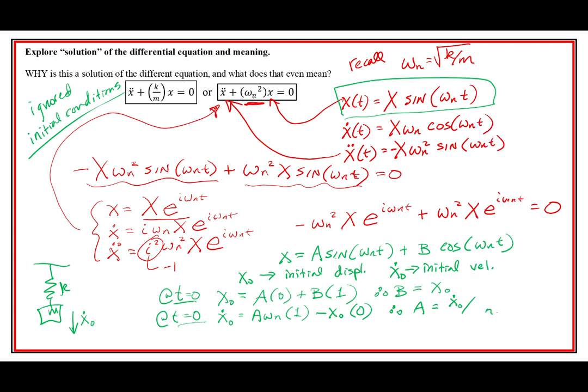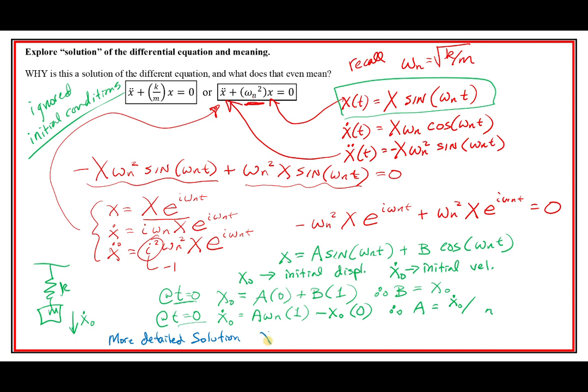So we could get a more detailed solution, let's make it another color, big old blue, a more detailed solution for the actual circumstances that we would experience with a spring.